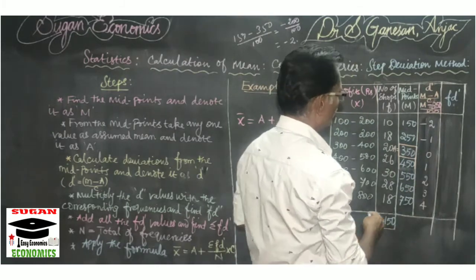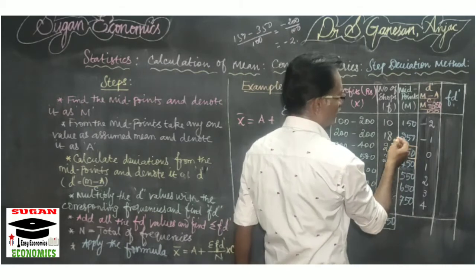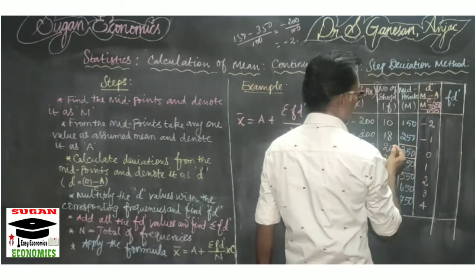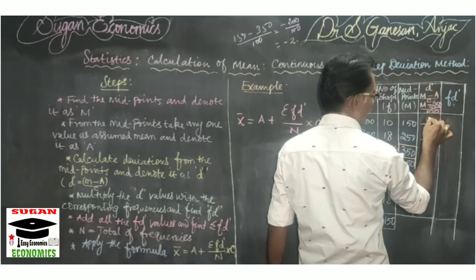Now after calculating the d dash value, we have to find out the f d dash value. f d dash is nothing but the frequency multiplied with the corresponding d dash value.